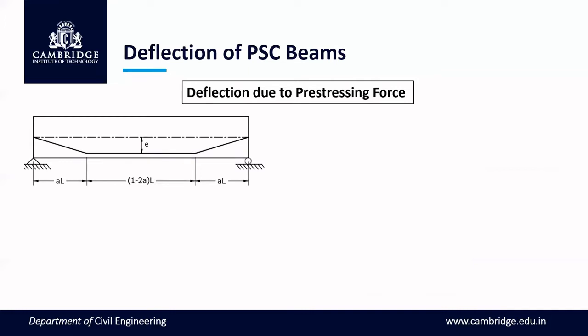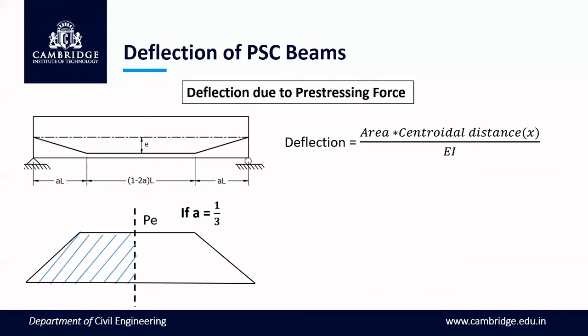Now, this kind of tendon wherein it is concentric as well as linear, then using the same moment area method, what we would do is we would first draw the moment area diagram and divide it into two parts, part 1 and part 2, for part 1 being the rectangle and part 2 being the triangle.